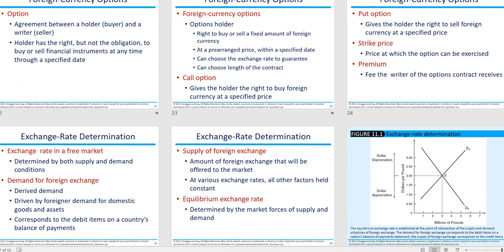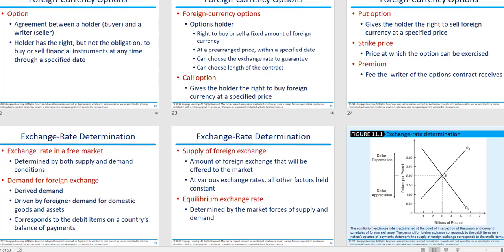Next, in addition to forward and futures contracts, forward foreign exchange market instruments also include options. So what is the difference between an option and a futures contract or a forward contract? The option, as the name implies, does not force you to comply with your end of the agreement.